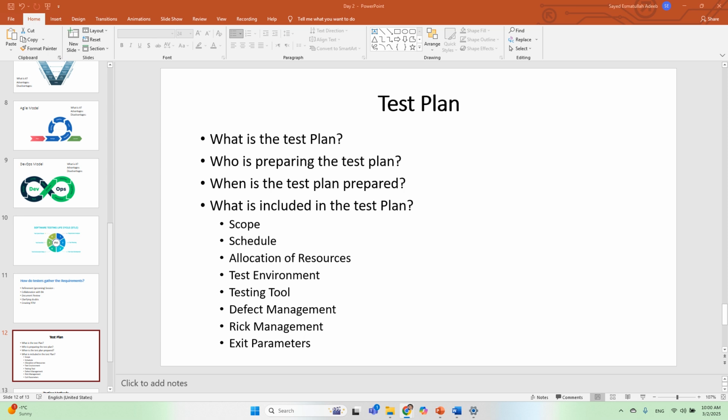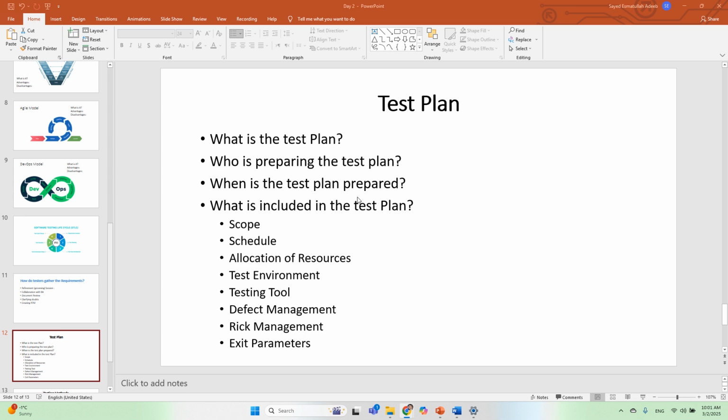Mostly the quality assurance manager is responsible for creating a detailed test plan. Sometimes the test lead is also involved in creating a test plan, but it depends on the project, company, and organization structure.